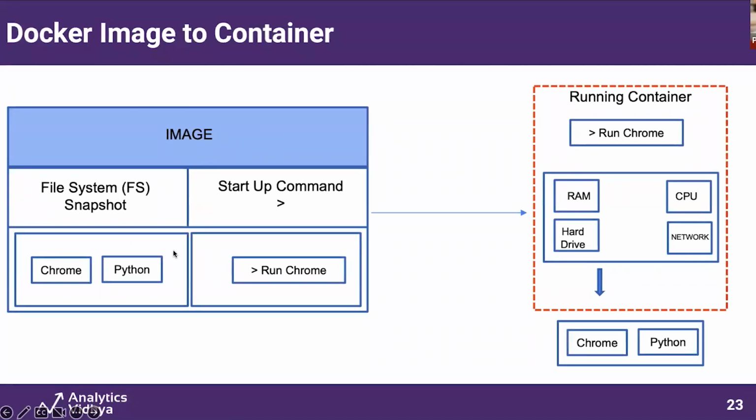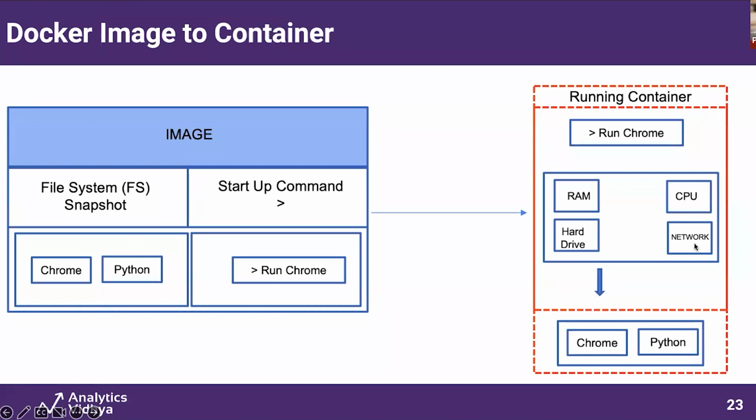That's what is present. And then you have a startup command as well. So as soon as I run my container, it should start Chrome. Okay. So once the container starts from the image, it's an instance of a running container. First of all, it will have a dedicated set of hardware resources: RAM, your hard drive, your CPU, and network.